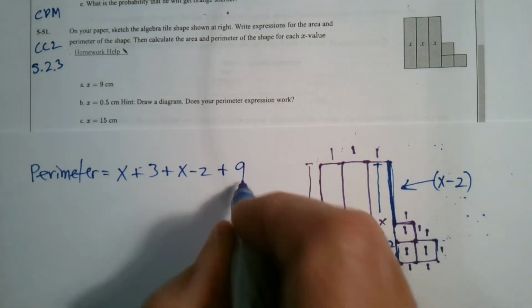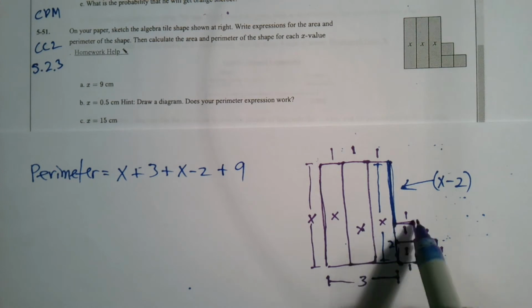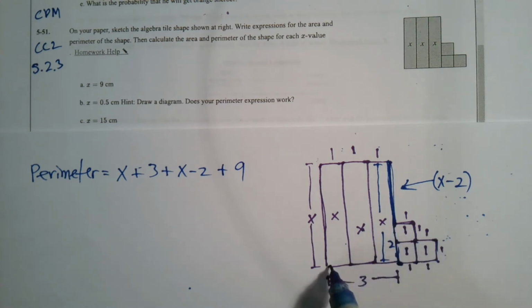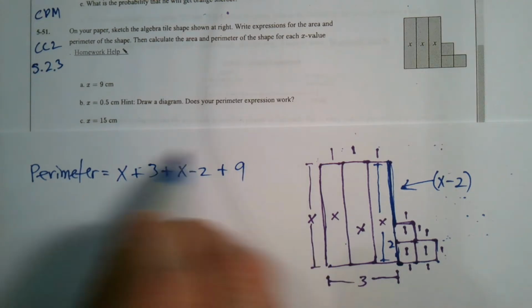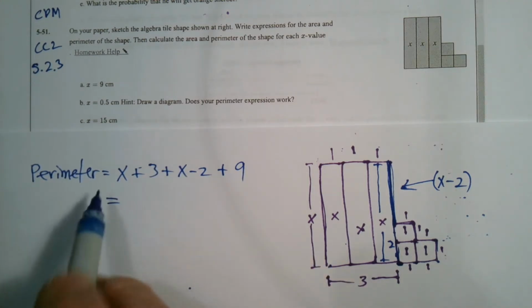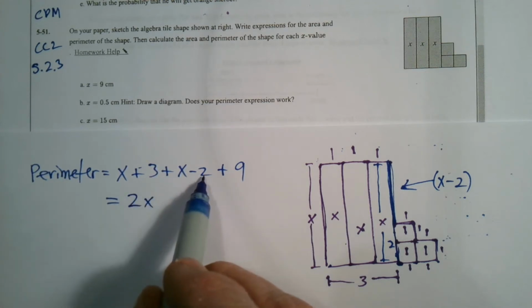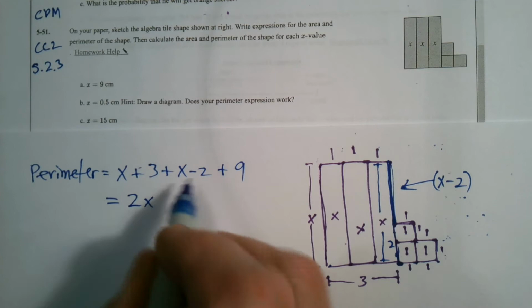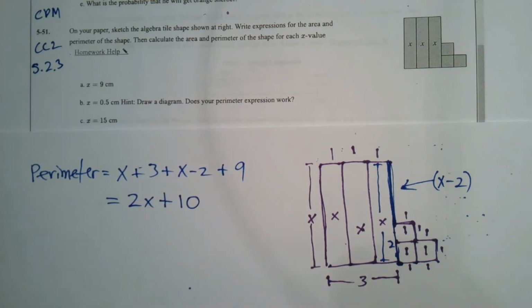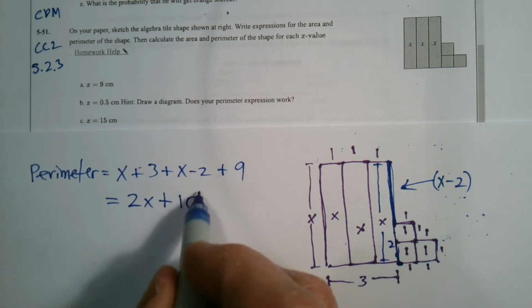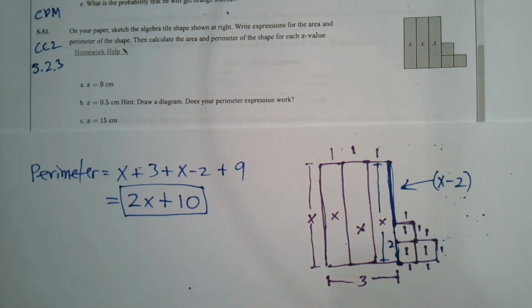So plus 9. The distance around: 1, 2, 3, 4, 5, 6, 7, 8, 9. And then this is unsimplified, so I can go one more step and simplify it. I've got 2 x's, and then a 3 minus 2 is 1, plus 9 is 10. So my perimeter expression is 2x plus 10.